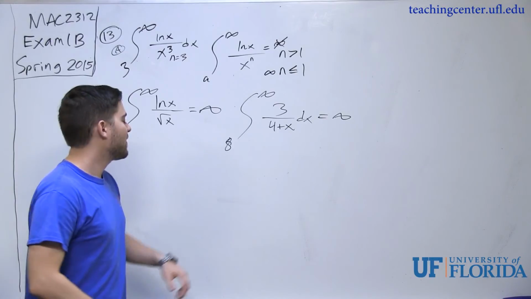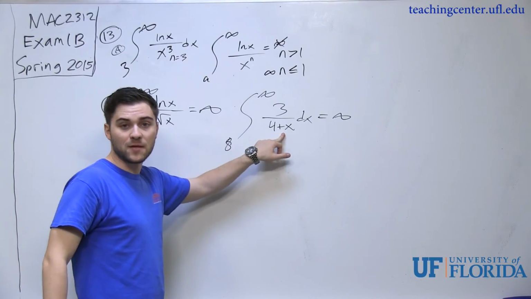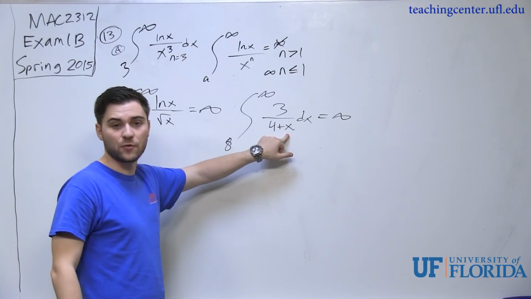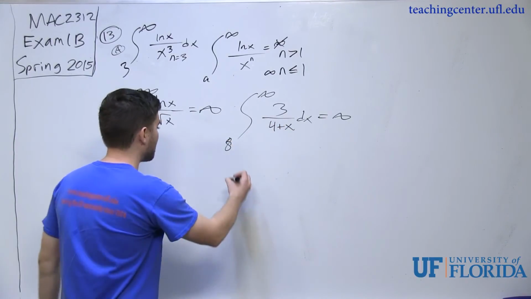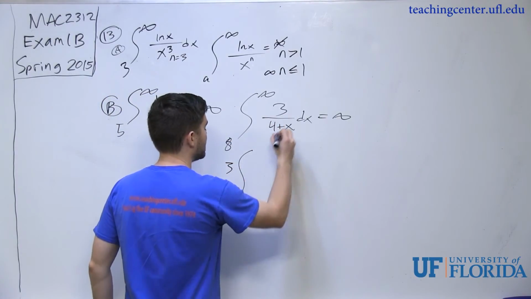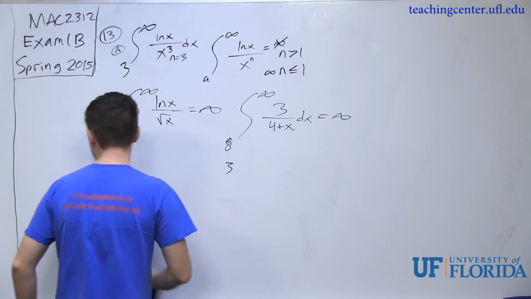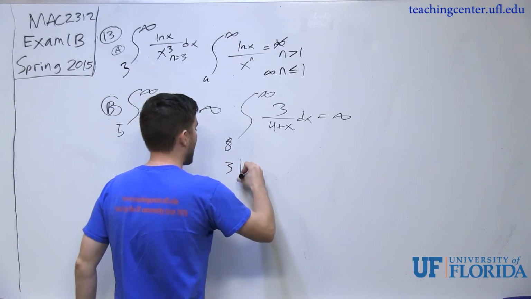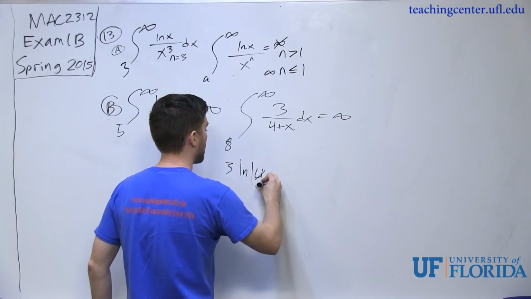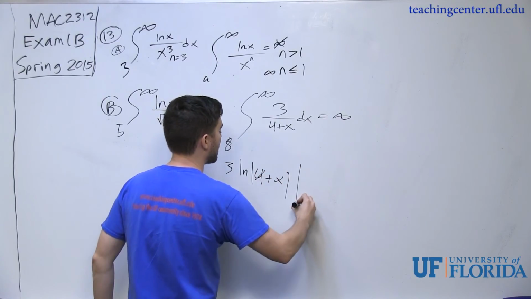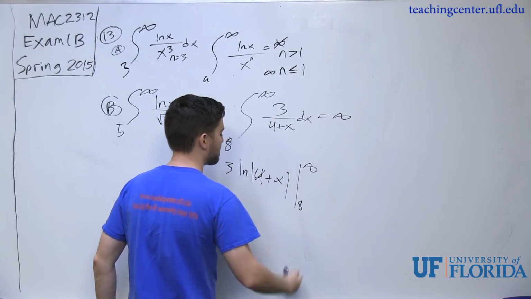Well, if I go ahead and try to integrate something like this, this is actually pretty easily integratable. 3 is a constant, so I can pull out the 3. I end up with dx over 4 plus x. If I go through and just integrate that term, all I end up with is 3 ln of 4 plus x, evaluated from 8 to infinity.